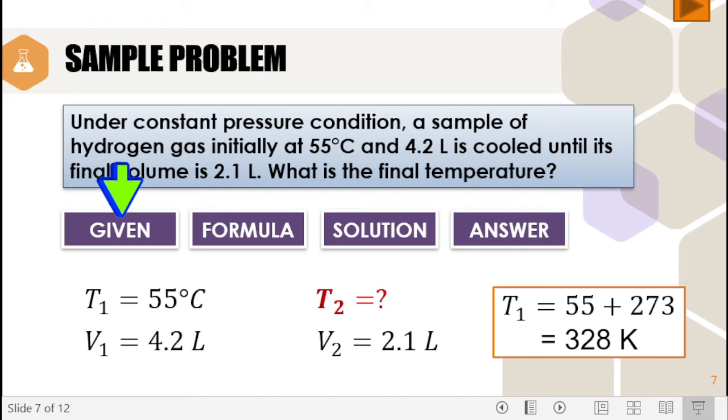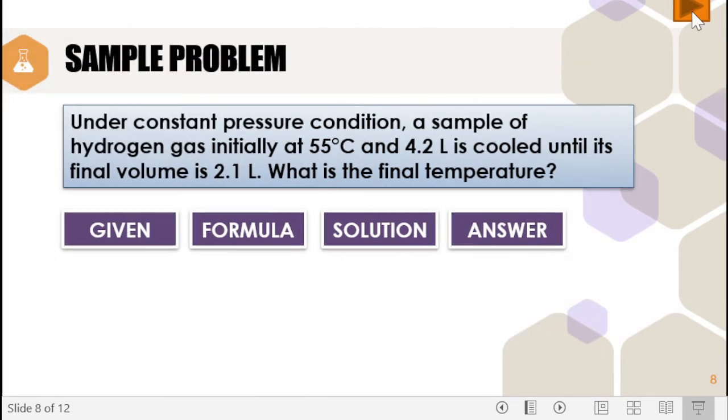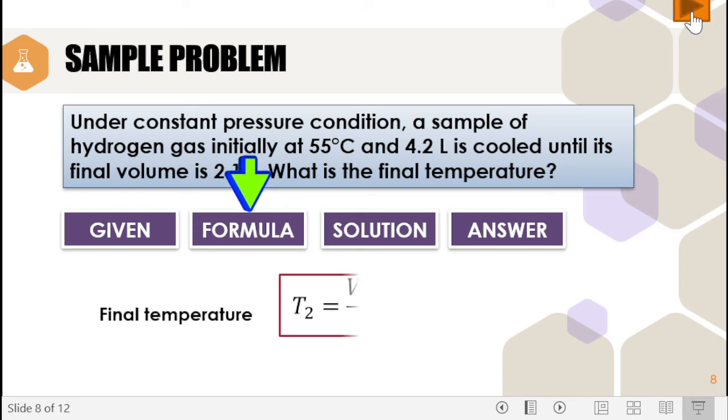Now that we already have the complete given for the problem, let us proceed to the next part, which is the formula. In the problem, we are looking for the final temperature. So the formula would be T2 is equal to V2 multiplied by T1 divided by V1.